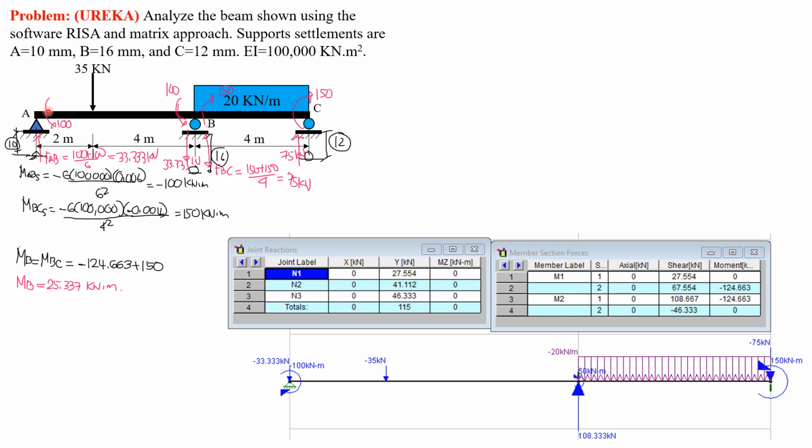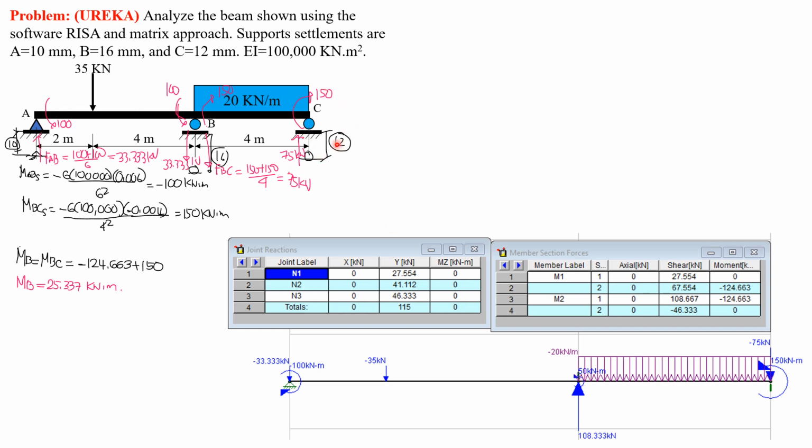Remember the principle, they are opposite. The fixed end forces should be opposite to the nodal loads. So that's why we have negative 33.333 or downward load. Then at B, the net moment is 150 clockwise minus 100, which is 50 clockwise. So the nodal load at B is 50 counterclockwise as shown in the figure, kilonewton meter.